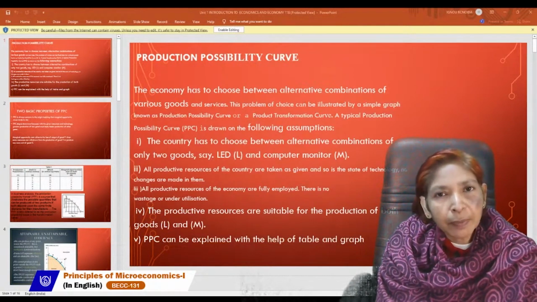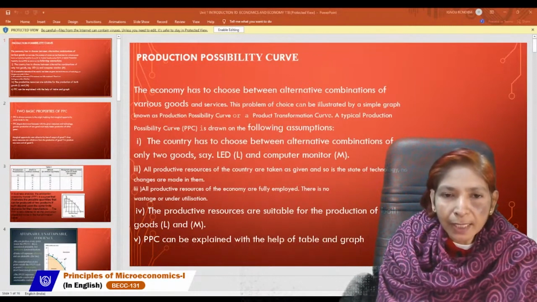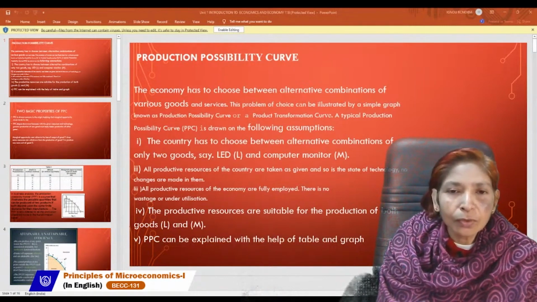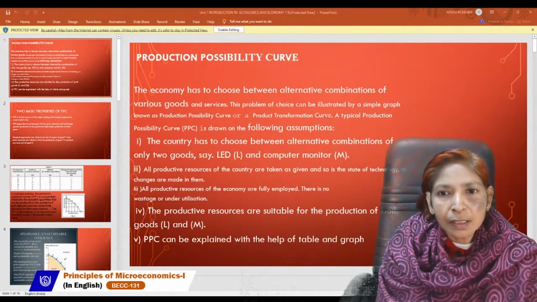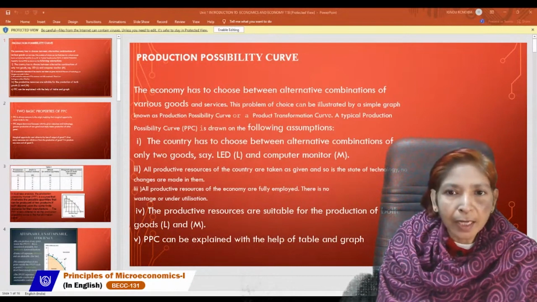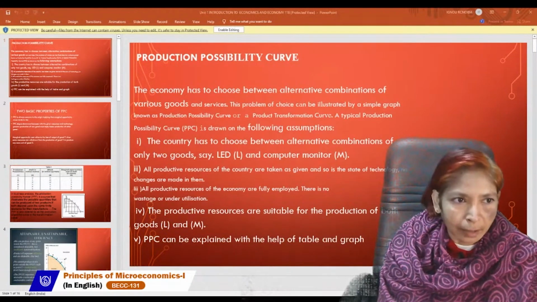One is that PPC is always concave to the origin, implying that marginal opportunity cost tends to rise. This marginal opportunity cost is the ratio of the change in, or loss in, output of Y commodity divided by the gain of output of X commodity.